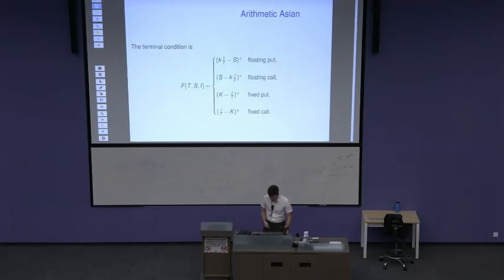For the terminal condition, again, I have the relation that AT is I divided by T. So in the formulations of the different combinations of floating and fixed, you just need to divide I by T in order to replicate AT.